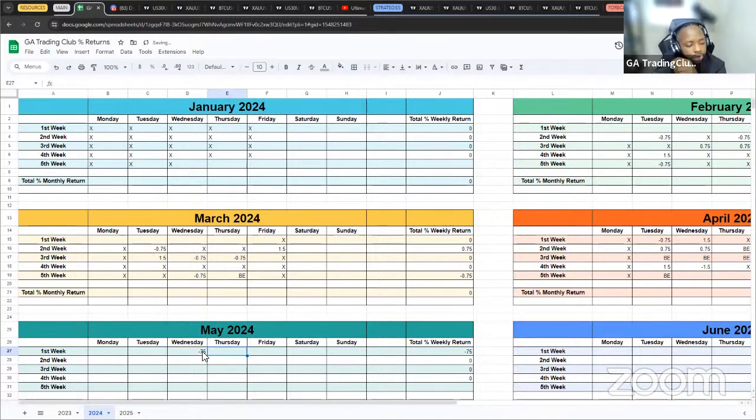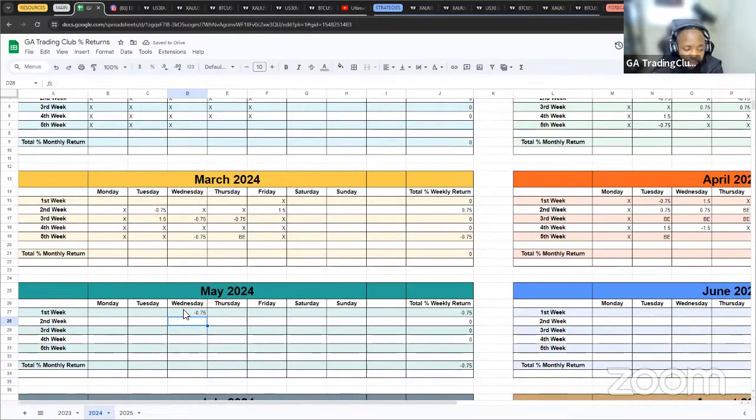Then we took the US30 sell, got taken out at stop loss, took another trade on gold, exited at break even, and took another sell on gold. So at that point, we would have still been down for the day, minus 0.75.